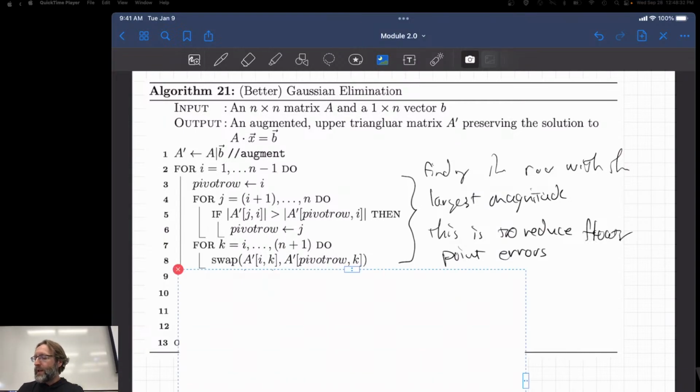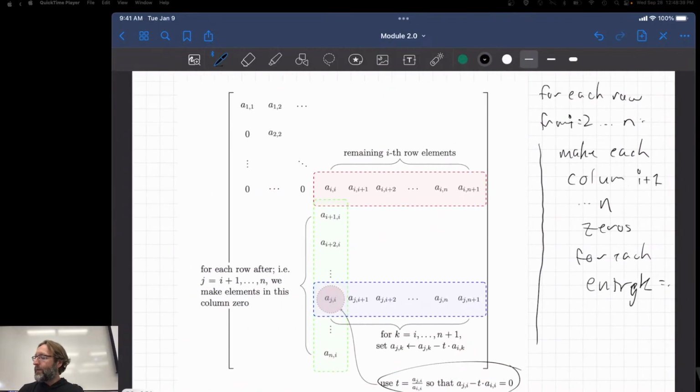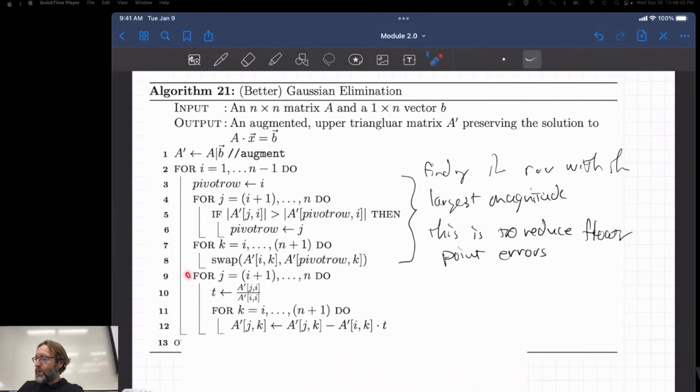Here's the actual work. For each row, we are going to compute t here, which is the ji-th element. Then for each column after that, for each j running from i plus 1 up to n, we find that t, because we need to subtract the row value times t from the row value.